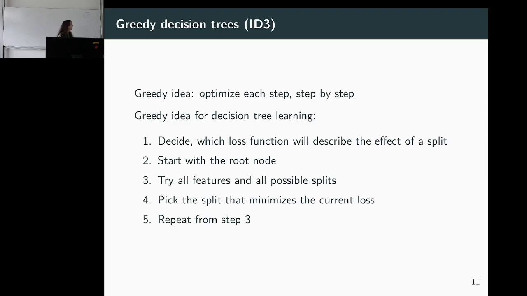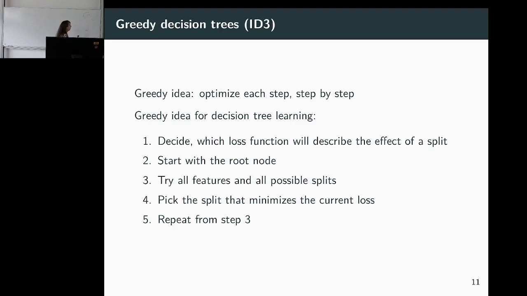So for decision tree learning, greedy means that at first we decide which loss function will describe the effect of the split, because we will split step by step and need to measure what we are doing. Once we have decided on that, we start with a new root node, and then we try all the features that we have and all possible thresholds. We calculate our loss function, then pick the one that minimizes the current loss the most.